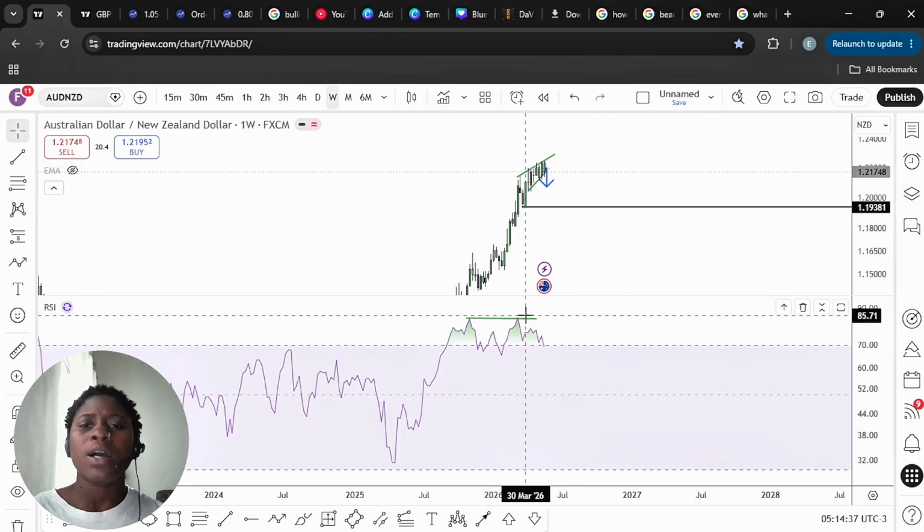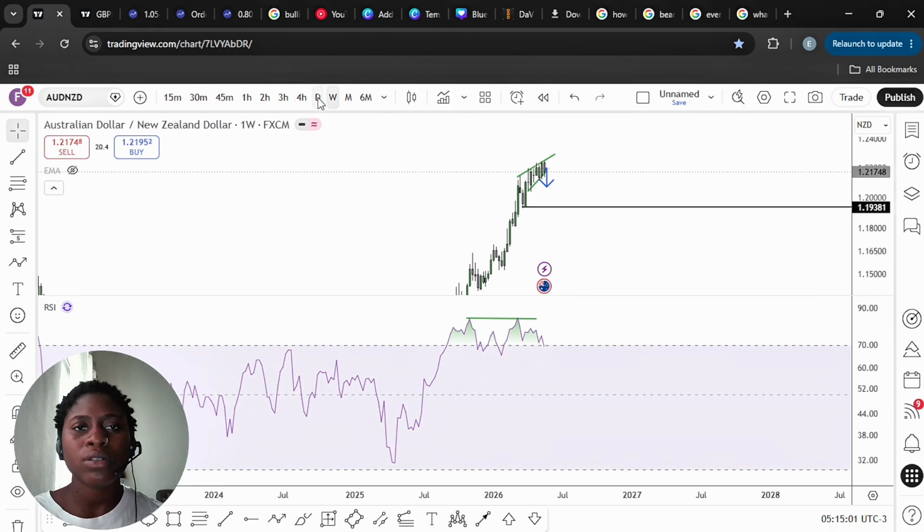showing me an equal high, which is also a clear divergence, because the market on the weekly time frame is also giving a bearish divergence, right? A really tiny one, you can't see that much.